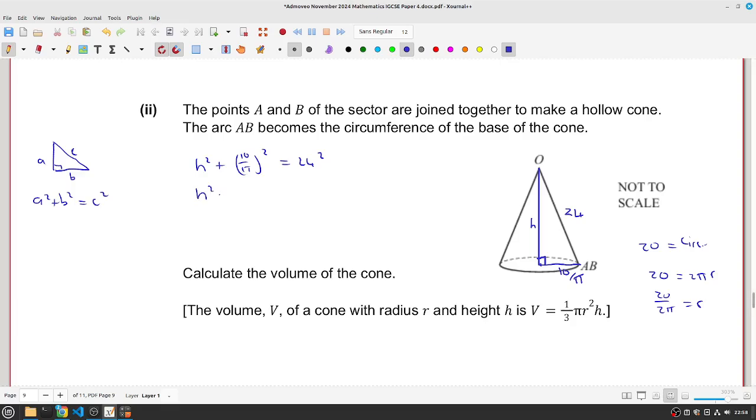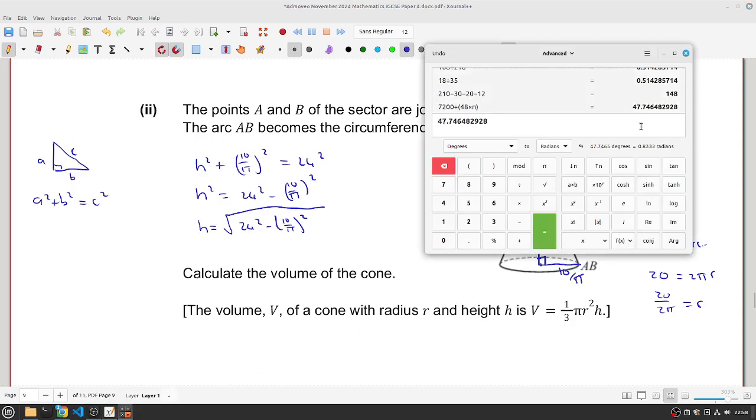Okay, so we solve for H. So H squared equals 24 squared minus 10 over pi squared. And then we just take the square root of that. So the square root of 24 squared minus 10 over pi squared. Okay, we'll type that in the calculator because I think it would be useful to round off.